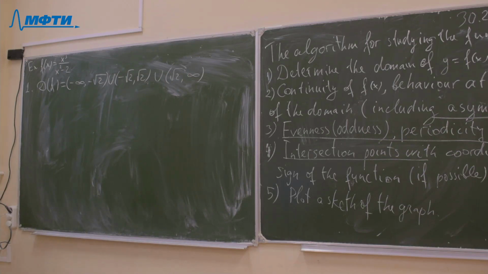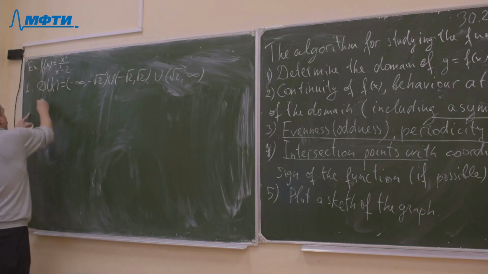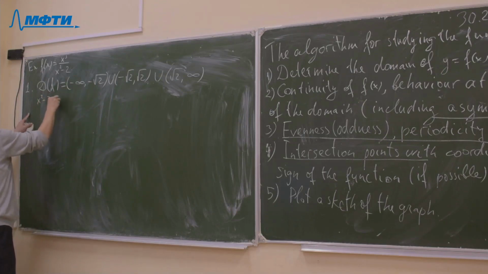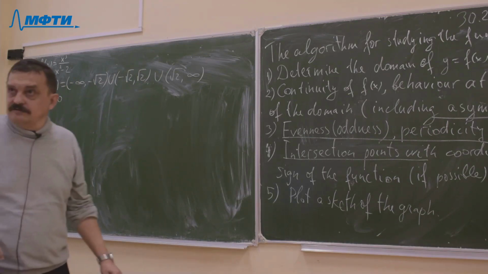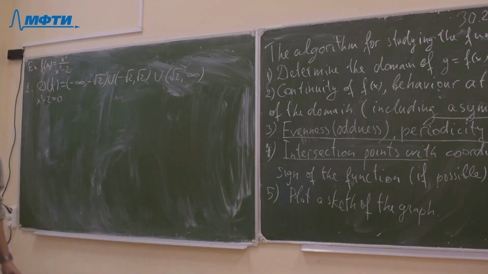Because the only points which should be excluded are roots of that equation. Maybe the range, poof, we cannot determine the range.